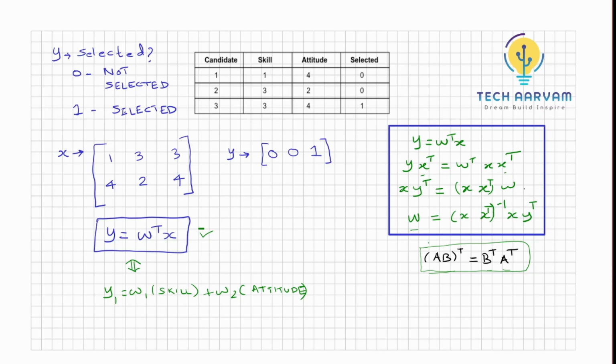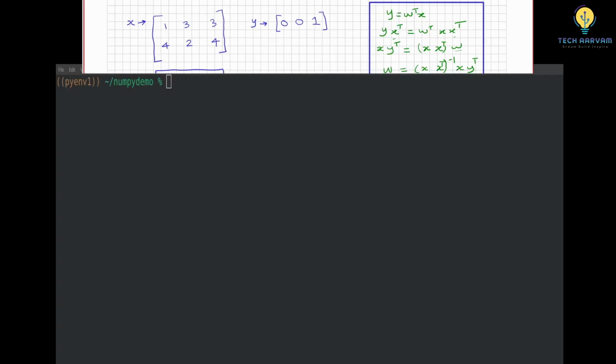It's symmetric. So by bringing xx transpose to the other side, it becomes an inverse, and this is what we will try to solve. X itself is not a square matrix here. However, xx transpose is a square and symmetric matrix, so the inverse operation is possible.